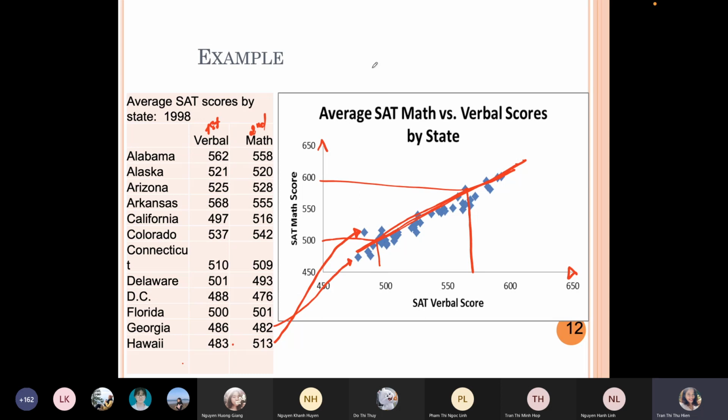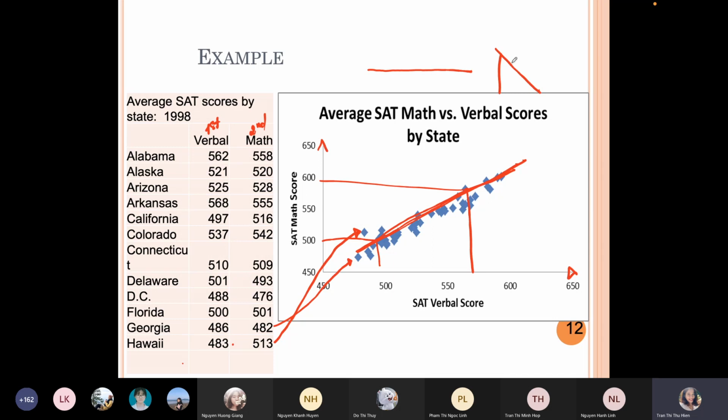And sometimes there is no relationship, like a flat line. And sometimes it is a negative relationship. A negative relationship means that when the math score increases, the verbal score decreases.